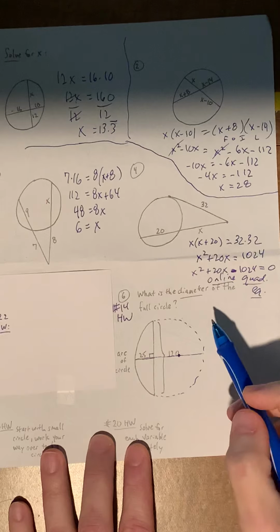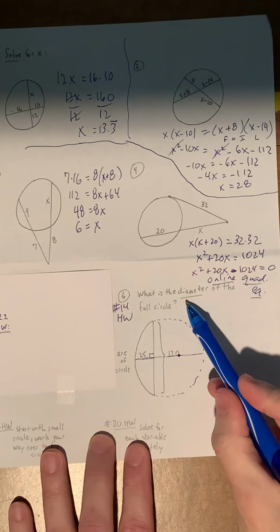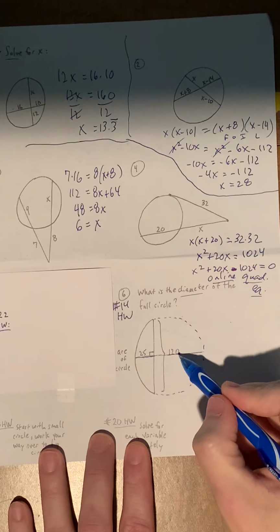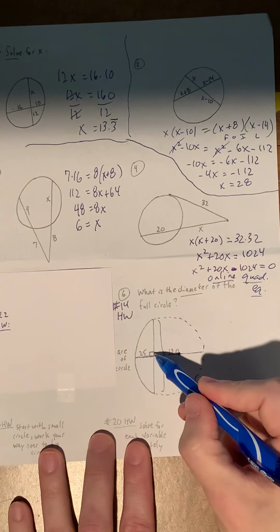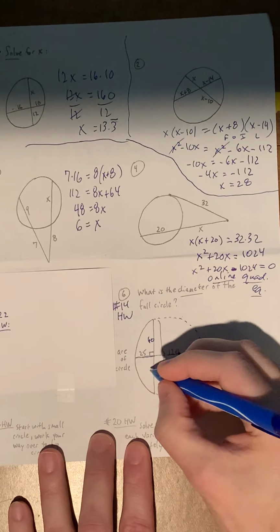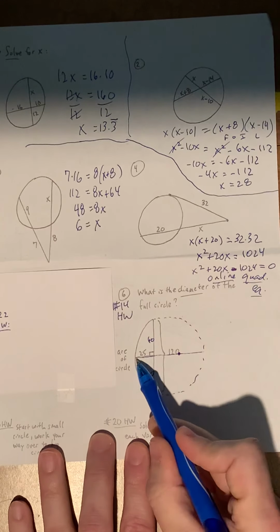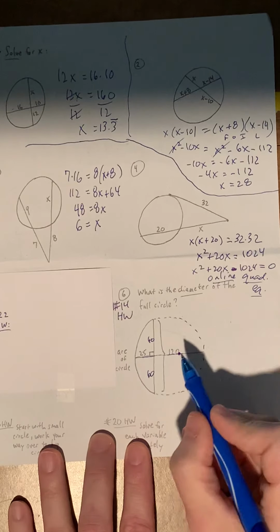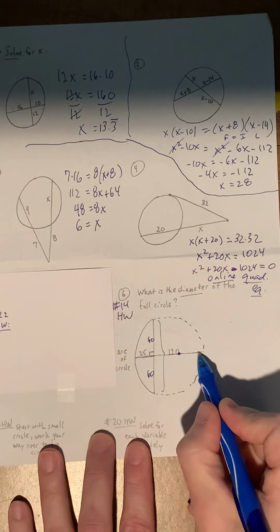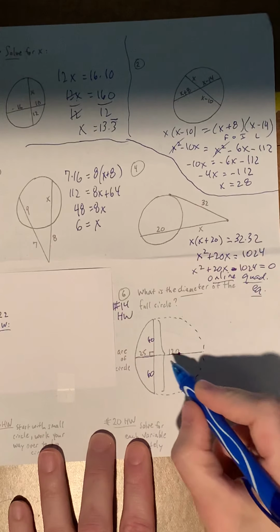And the question they want you to answer is to get the diameter of the circle. Well, since this is going through the center and hitting at 90, it chops this in half, so each of these is 60. This piece is 25, and this piece of the chord, we're going to call x.